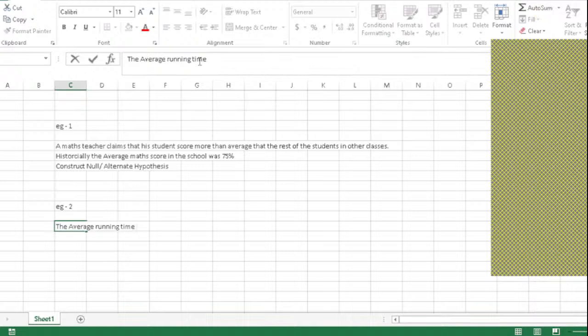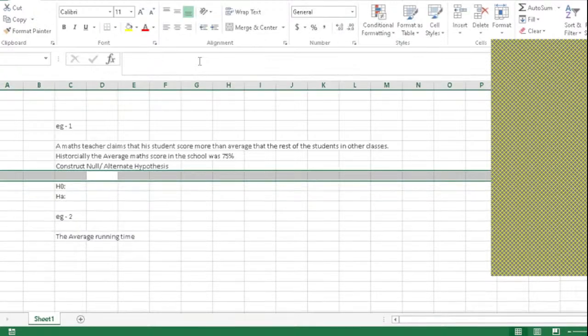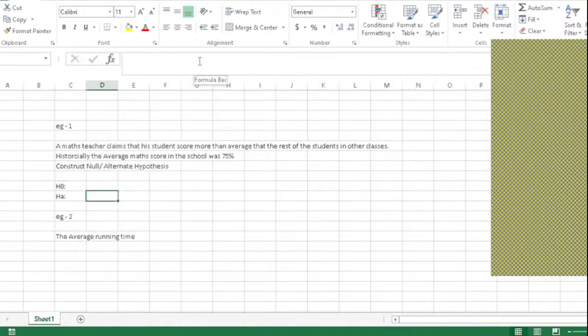Okay. So everyone, I think I've got consistent results. H0 is null, HA is alternate. First I'm going to construct alternate, which is clearly given in the question.